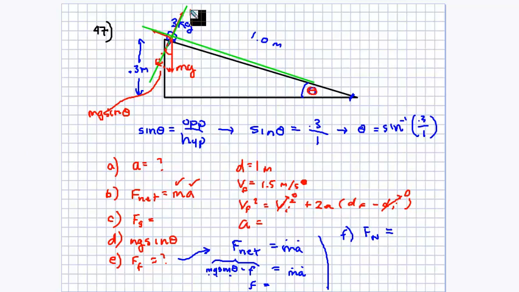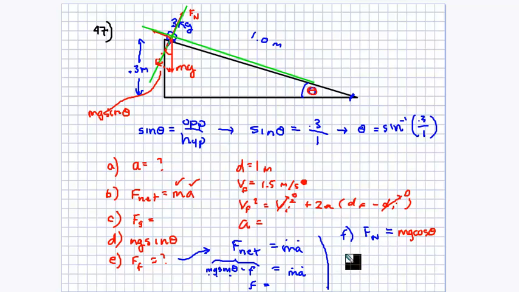In the y direction, the normal force points positive, and the only other force in the y direction is this one. The normal force must be balanced not by mg, but by this, mg cos theta. Hope you guys got that.